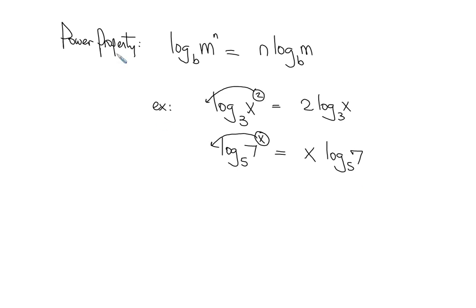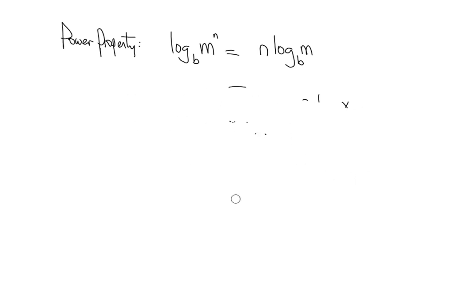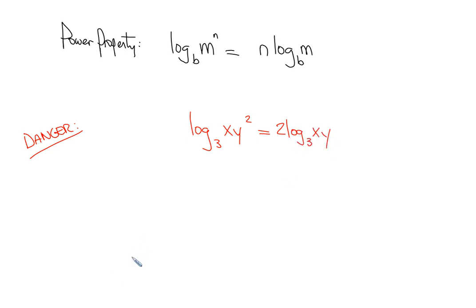Now let me show you the danger ones for this particular property. Log base 3 of xy squared is equal to 2 times log base 3 of xy. These are not equal to each other. Why not? Well, does this match the structure of that?